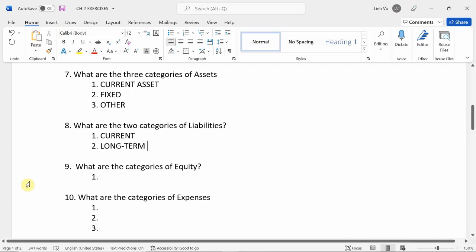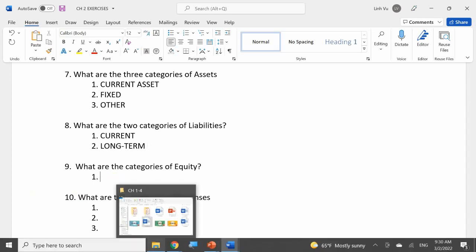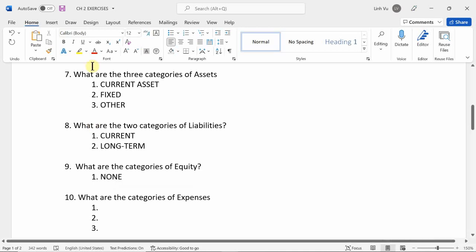Number 9, what are the categories of equity? The total value. There are no categories. There are no categories. Excellent.